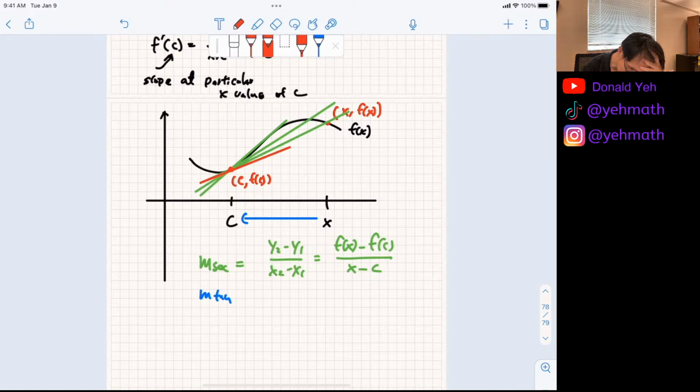Eventually I'm going to get a slope of tangent like this. So from the green line, if I close the distance from x to c, eventually it changes to the red line.